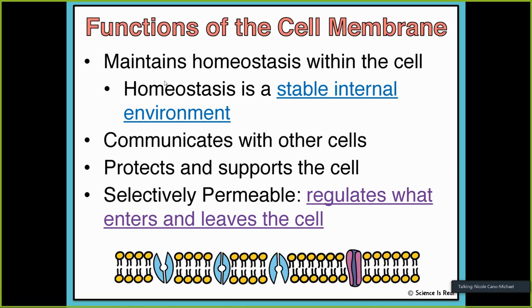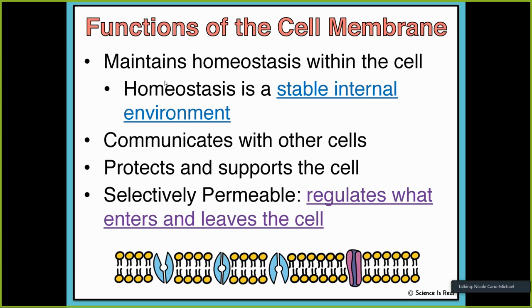The function of the cell membrane is to maintain homeostasis within the cell. Remember, and we've talked about this ad nauseum, homeostasis is a stable internal environment. Homeostasis means that there is equilibrium inside that living organism.